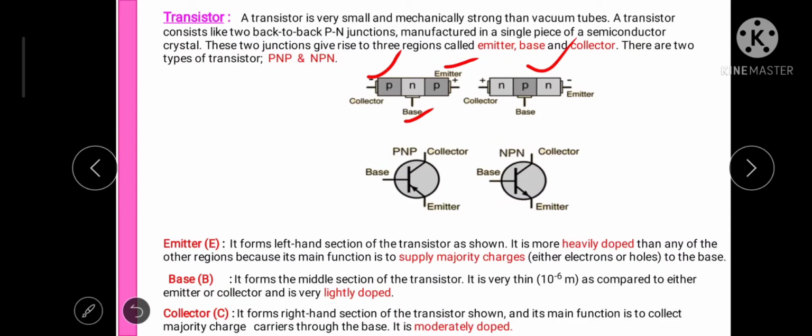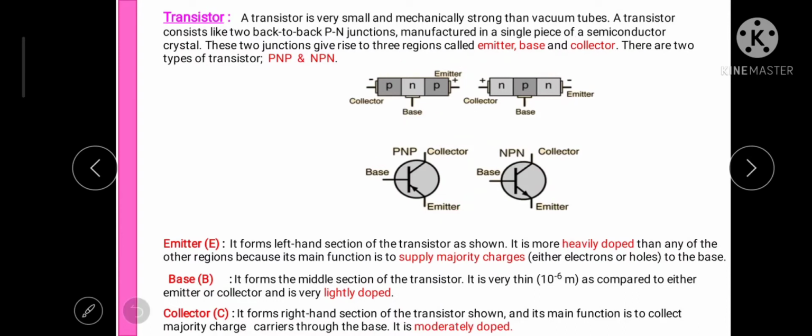In the figures below, these are the symbols for both transistors. First is the symbol for the PNP transistor and second is the symbol for the NPN transistor. Here also collector, base and emitter terminals are shown connected to the particular regions.